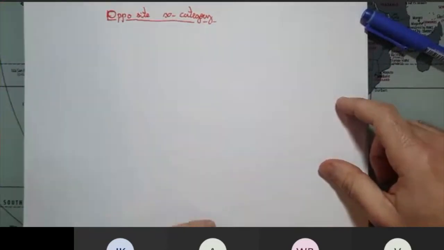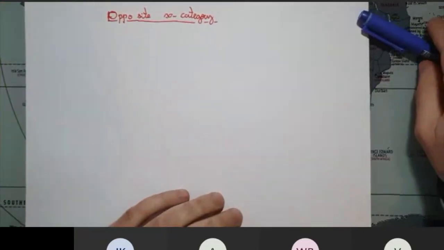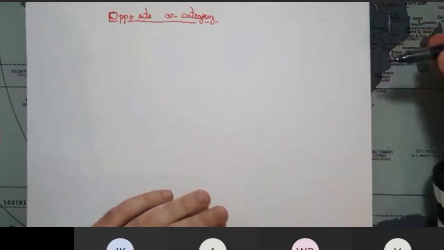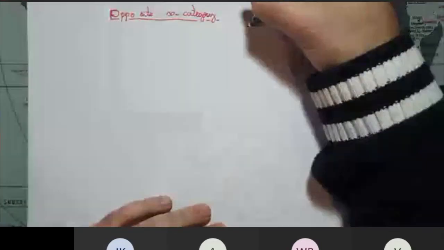Now, I won't explicitly use infinity categories, but since they appear in the expression that I wrote and we have not defined it yet, I do it.